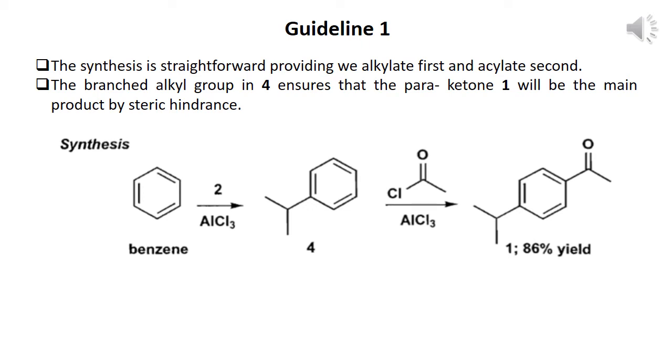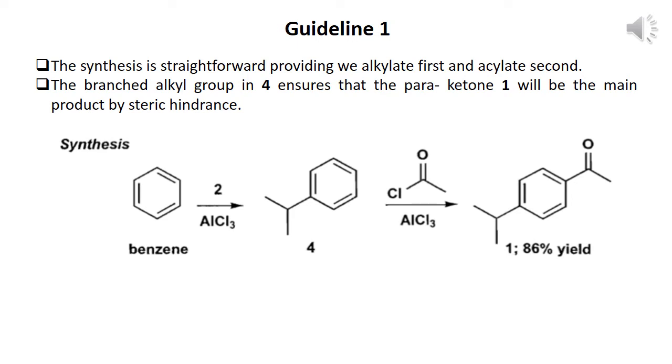So we shall start from benzene, coming back to the synthesis. We shall do a Friedel-Crafts alkylation using an alkyl halide. Which alkyl halide will be used? A secondary alkyl halide will be used here, and using aluminum chloride we get product 4. Then by Friedel-Crafts acylation in the presence of aluminum chloride we get compound number 1, in 86% yield.